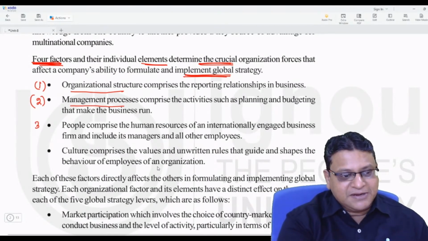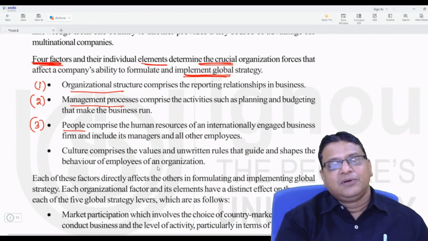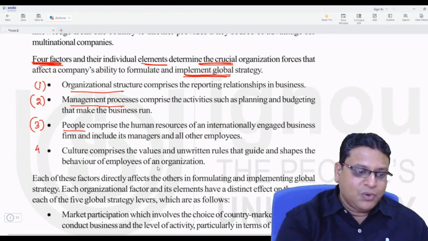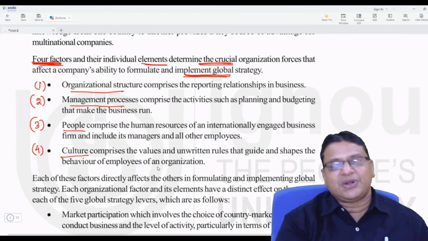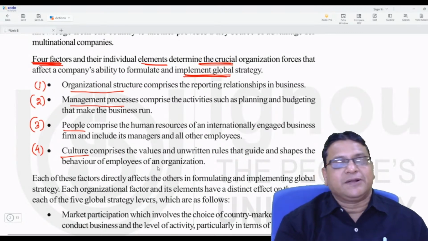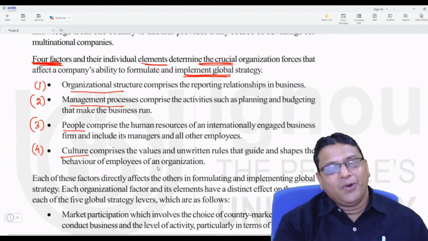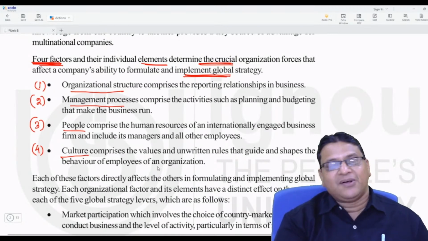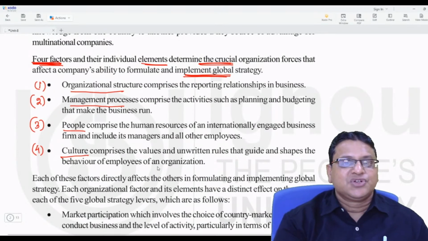The third important factor is the people who work in an MNC. And the fourth important factor is the cultural issues. In an MNC, people from different cultures work together, so there can be multicultural management issues in an international organization.